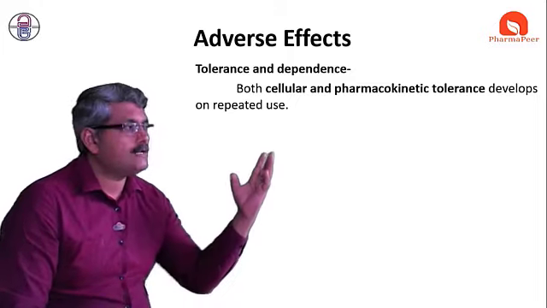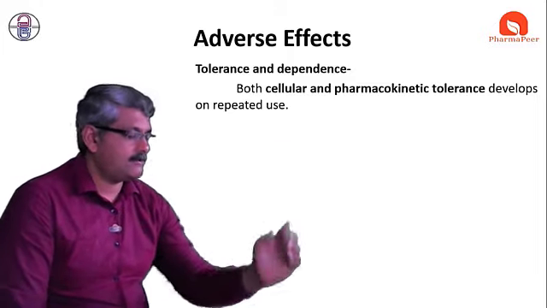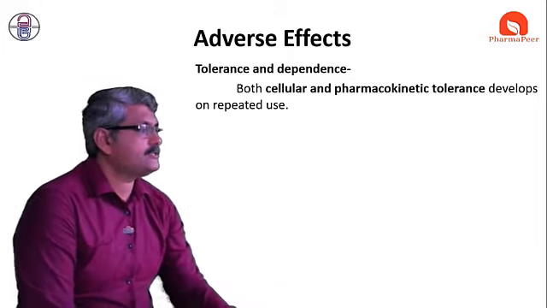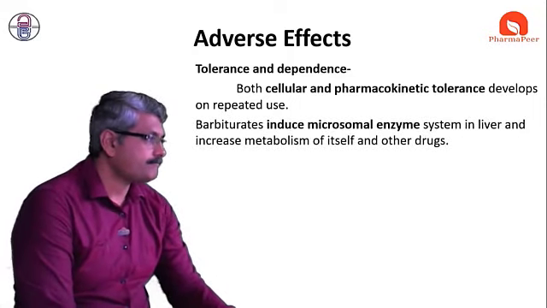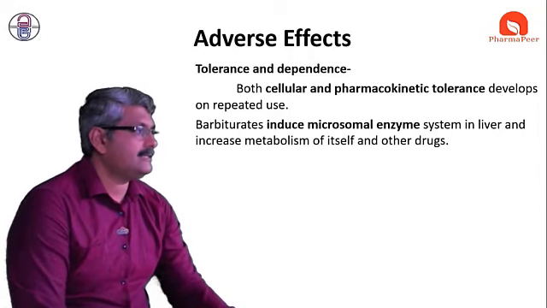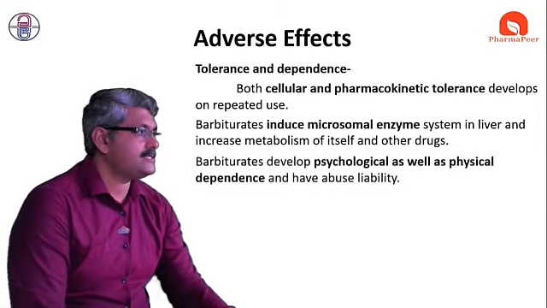So it's at the cellular level. And at the kinetic level, as I already told you, because of microsomal enzyme activity it produces this effect. This is the reason why barbiturate produces tolerance.